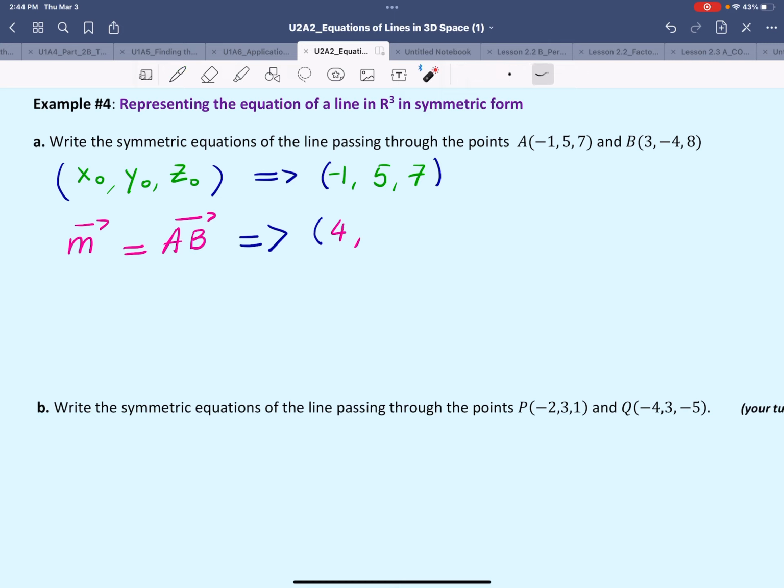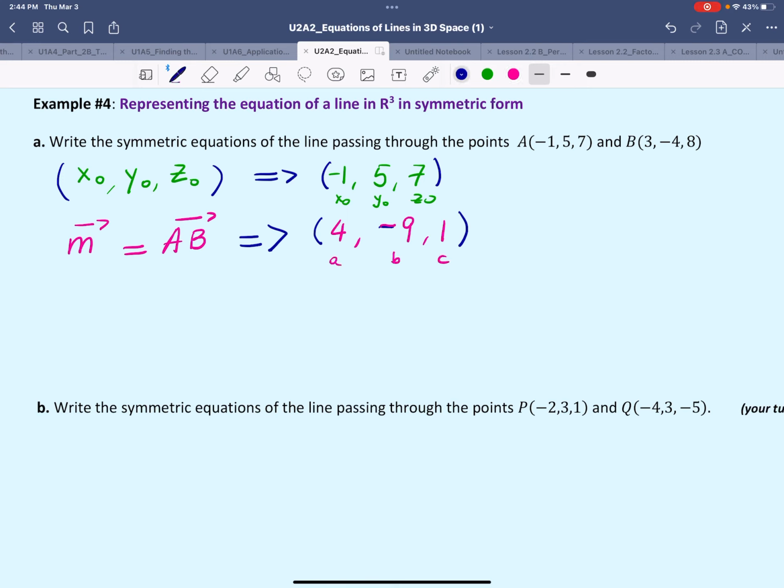Next, -4 minus 5, that's a -9. And next, we have the z coordinate, 8 minus 7, that's a 1. So there we go, we got the starting point and direction vector, which means that we have x0, y0, z0, and we have a, b, and c.